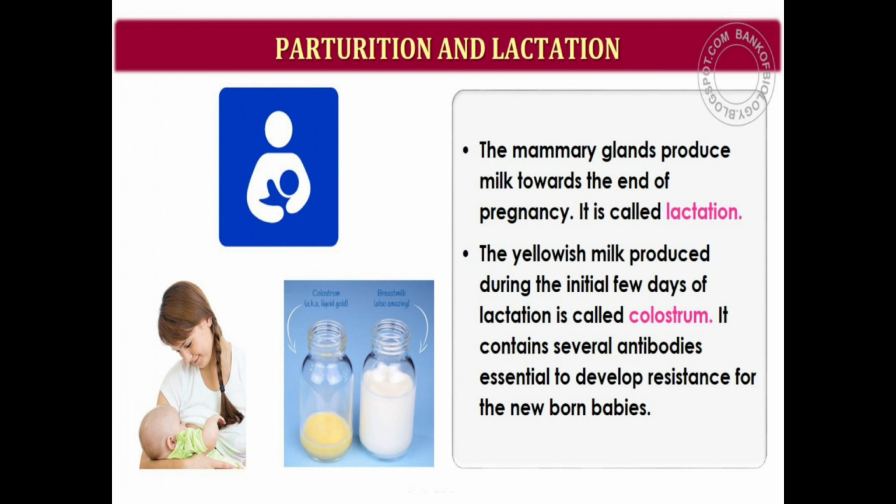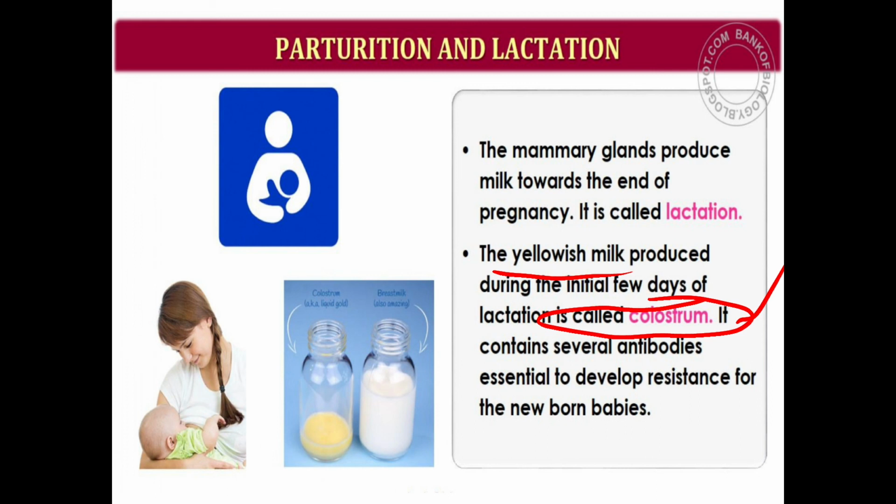The yellowish milk, this is very important, again a 1 mark question. The yellowish milk produced during the initial few days of lactation, the starting days, is a yellow thick milk. That milk we call colostrum, and it is very important for the baby's development because it maintains the immune system. It contains a lot of nutrients.